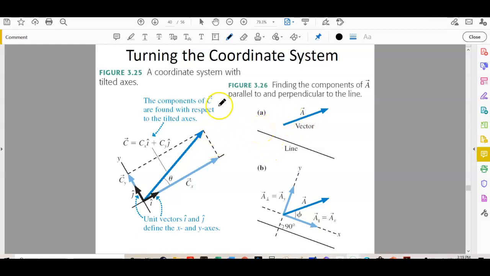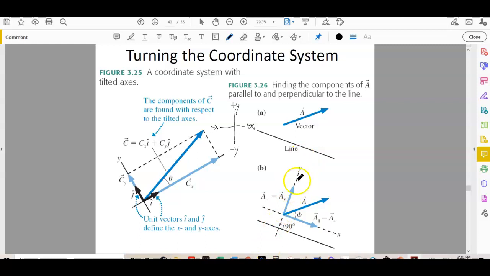So rather than having positive y, positive x, and negative y, you're going to have to twist the coordinate system to be parallel to this line, okay?